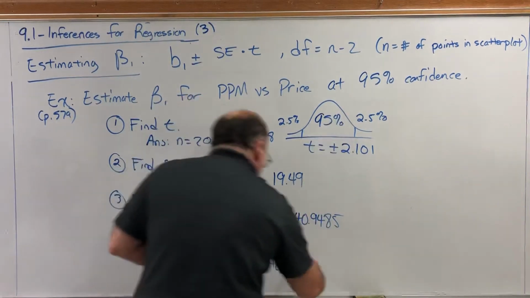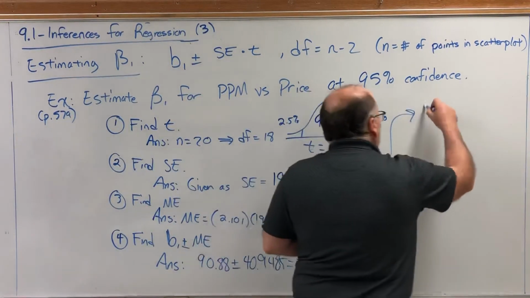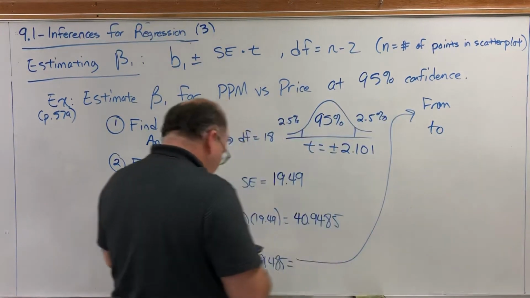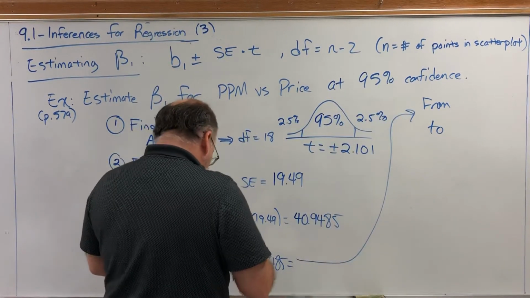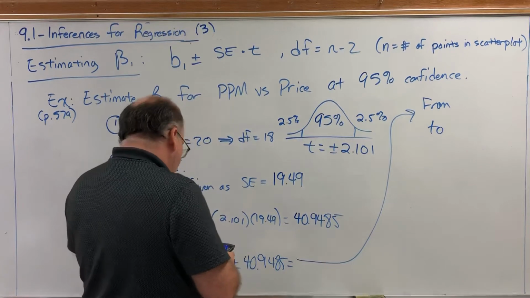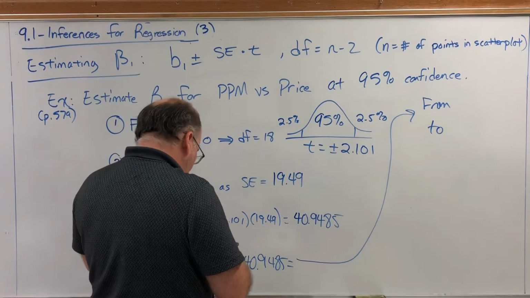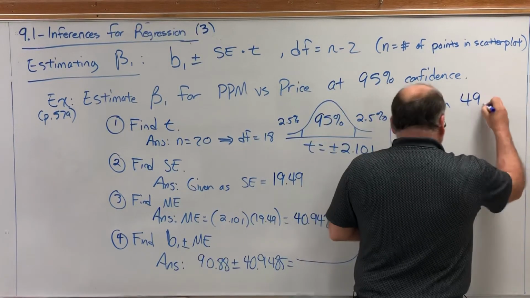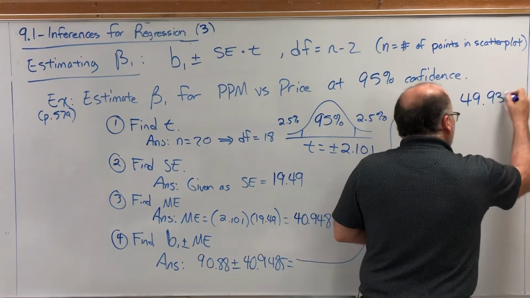I'm going to move it up here. So if we find the difference, 90.88 minus 40.9485 is 49.9315.